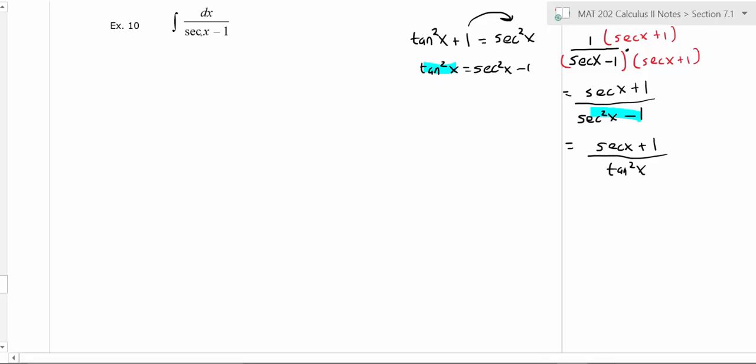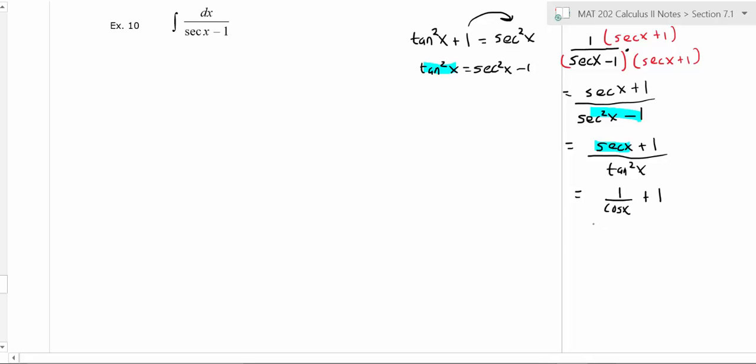Now keep in mind, we're going to be integrating this, and it still looks like a really complicated integral. When in doubt, change everything to sines and cosines. So I'm going to change the secant to what it's equal to, 1 over cosine x.